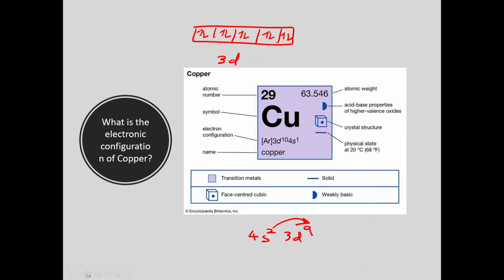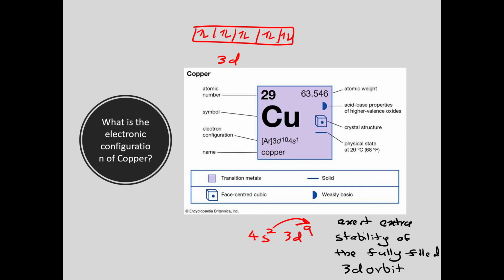So why kita dapat this configuration is because it exert extra stability of the fully filled 3d orbital. Okay, kalau the 3d orbital tu fully filled, dia ada extra stability.